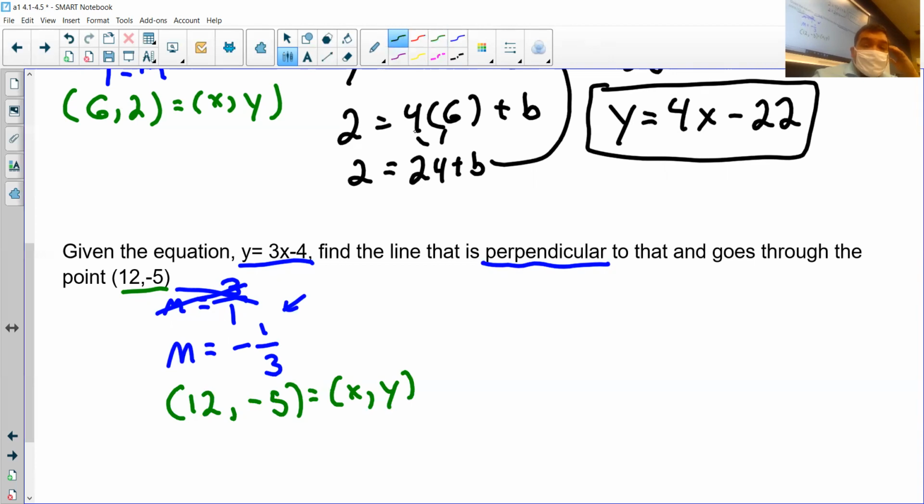So we're going to solve it. Same method. Now we just use our new slope and our points that were given. So -5, by the way, it's y equals mx plus b. So we got to find new b, new line, new b. -5 equals, I'm going to write it as a fraction, -1/3 times 12 plus b.